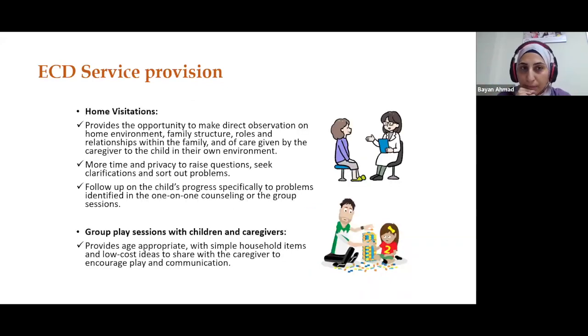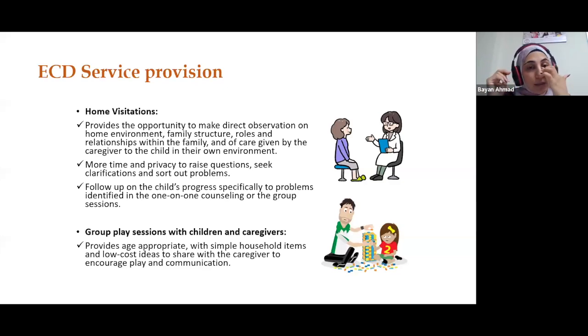Next slide, please. The third service that is being provided is the home visitation. The home visitation provides the opportunity to make direct observation of the home environment, family structure, the roles, and the relationships within the family and caregiver, and to see the whole environment the child is living in.